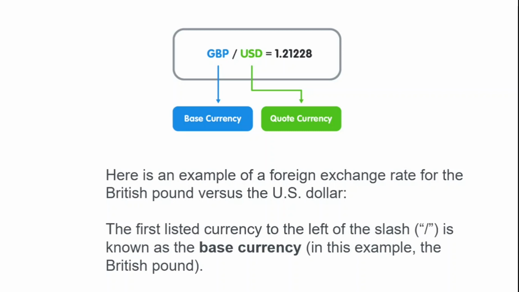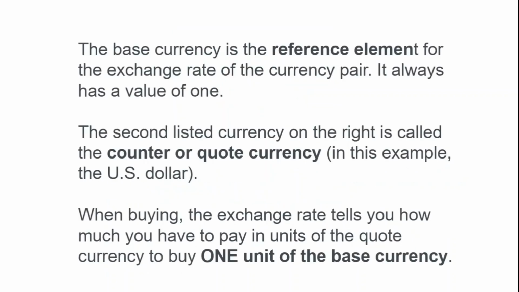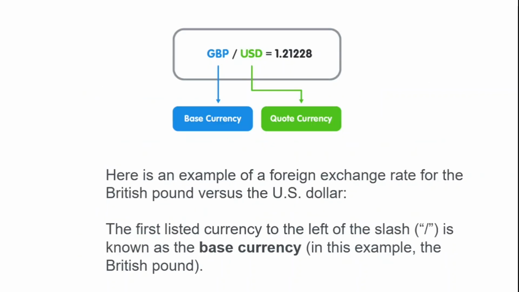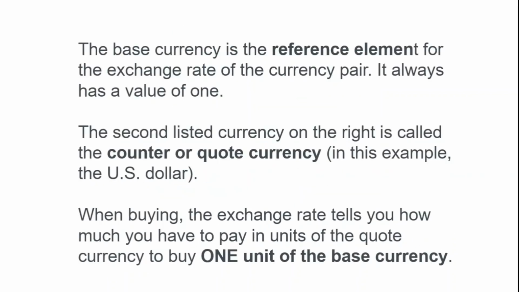Okay, so the first listed currency to the left of the slash is known as the base currency, which is the pound here. Then the other is the quote currency, which is the USD. Okay, you get that one, I understand. The second currency on the right is called the counter or the quote currency, which is the USD in our example.